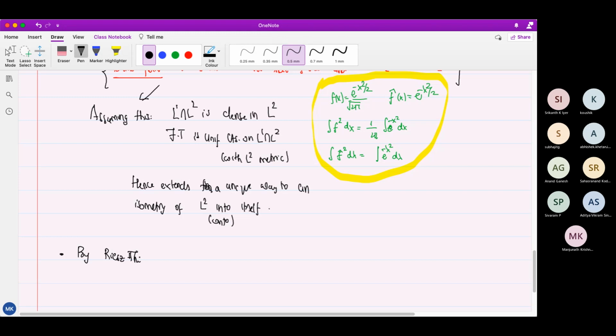Riesz-Thorin, what we can do is, we know that if f is in L1 intersection L2, then the norm of f hat in L infinity is bounded by the norm of f in L1. And the norm of f hat in L2 is the same as square root 2 pi times the norm of f in L2.